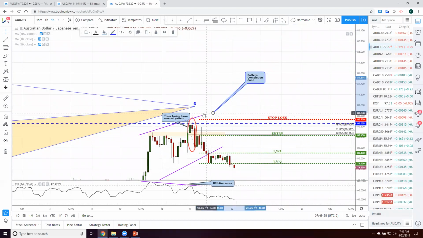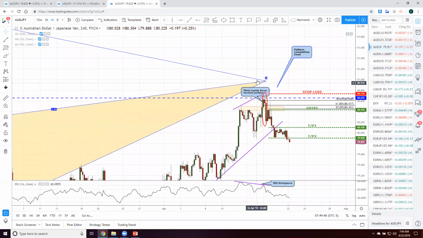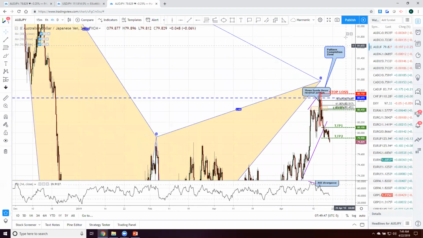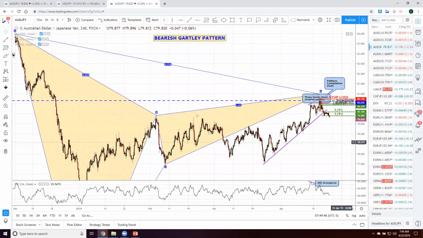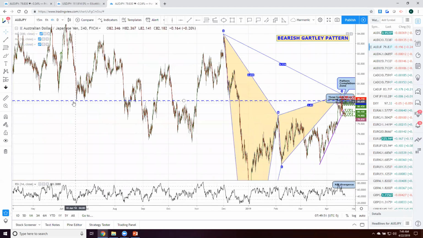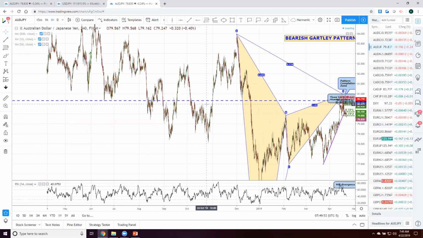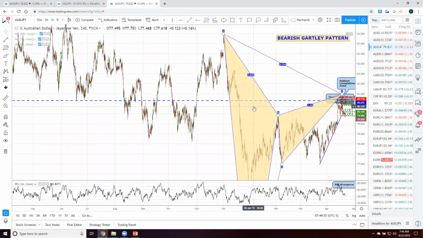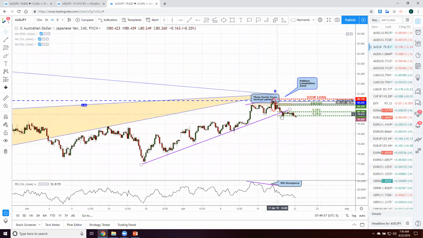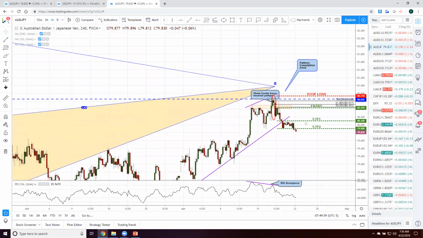So we were in the pattern completion zone, it's not shown, to look for this pattern to complete. So we began looking at opportunities. There's also a defined resistance area, so the pattern was looking at completing in that area.